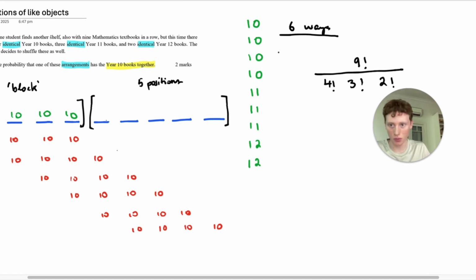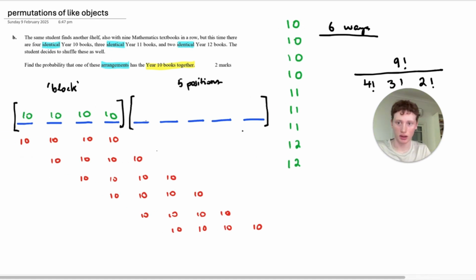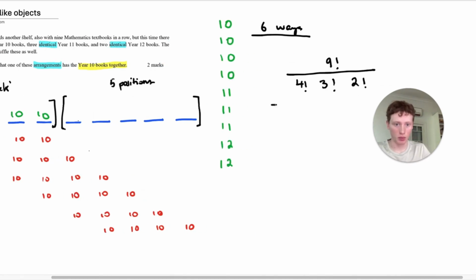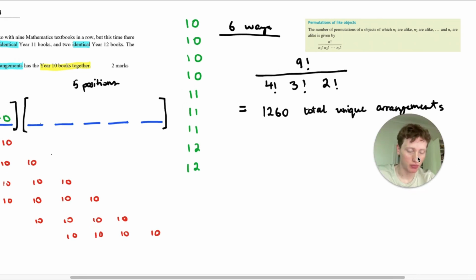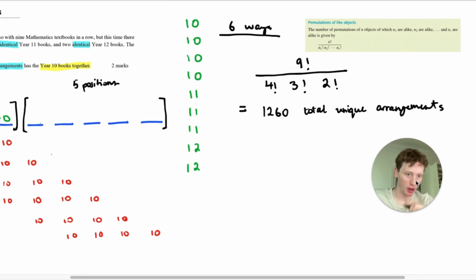So our formula for the number of arrangements, or the permutations of all of these positions, irrespective of having the books together, with absolutely no restrictions, would be this, and I'll put that in my calculator. Okay, and that gives us 1,260 total unique arrangements from all the positions without restrictions.